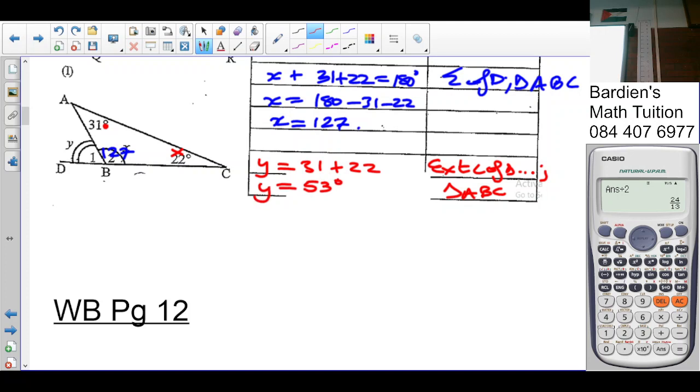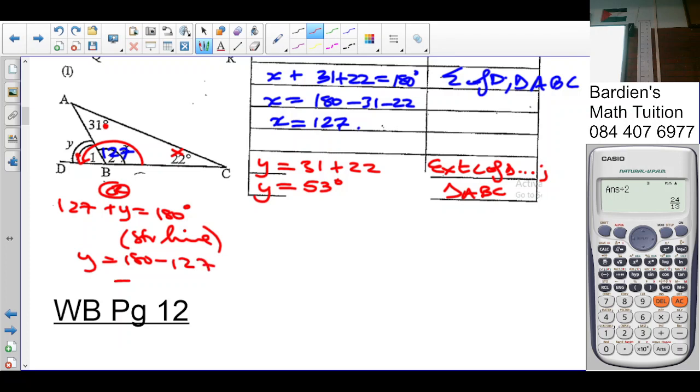Or I could have gone with angles on a straight line. I could have said 127 plus angle y is equal to 180, straight line. So y is equal to 180 minus 127, which is 53. Can you see that, people? It would get you the full marks either way.